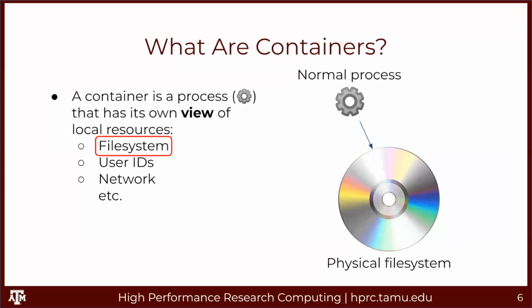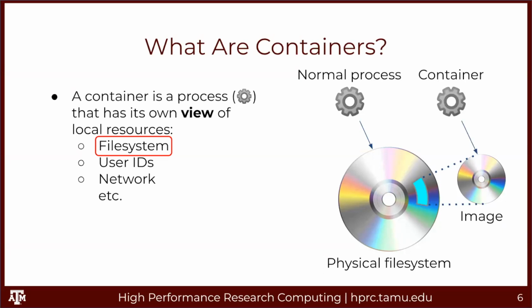But suppose a sector of that file system is itself a representation of a smaller file system. We call this an image. Then the container would be a process that sees the image instead of the real file system, as though the image were the real physical file system, and the container does not see the rest of the real physical file system.